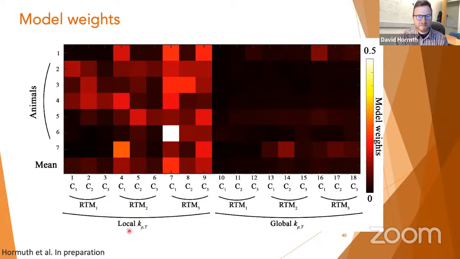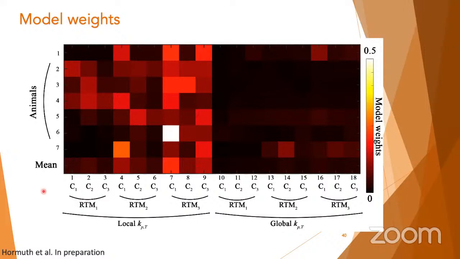So for each of these models and animals, we calculated an AIC, which is the Akaike information criterion. And that considers things like the residual in the model fit and the model complexity, so the number of model parameters. And from that, there is a conversion from that AIC to a model weight based off of the minimum AIC that you see in that image.